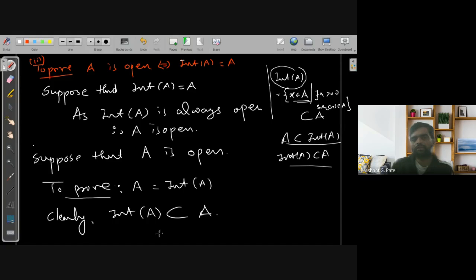This is straightforward. Now we need to prove this, so it is enough to prove this statement: A is a subset of interior of A. So I have to take one point in here and I have to show that that point is in interior.